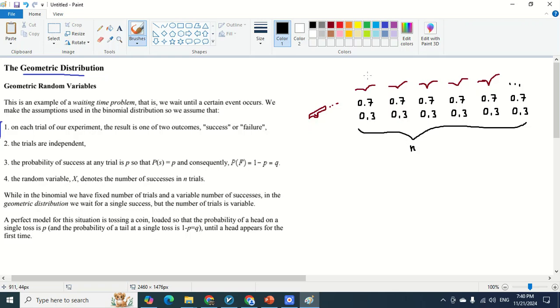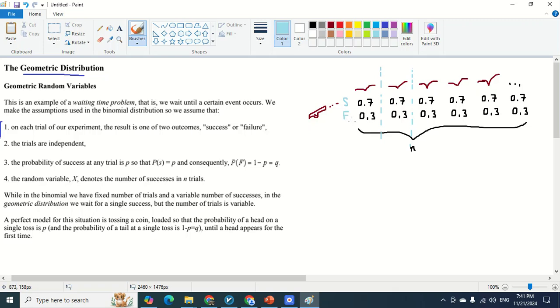And in each trial we have independent cases, meaning that shooting at the first bird is independent from the second one and so on. And the probability of success, meaning shooting and hitting that bird, is 0.7, and it's constant for all cases. This is our assumption.